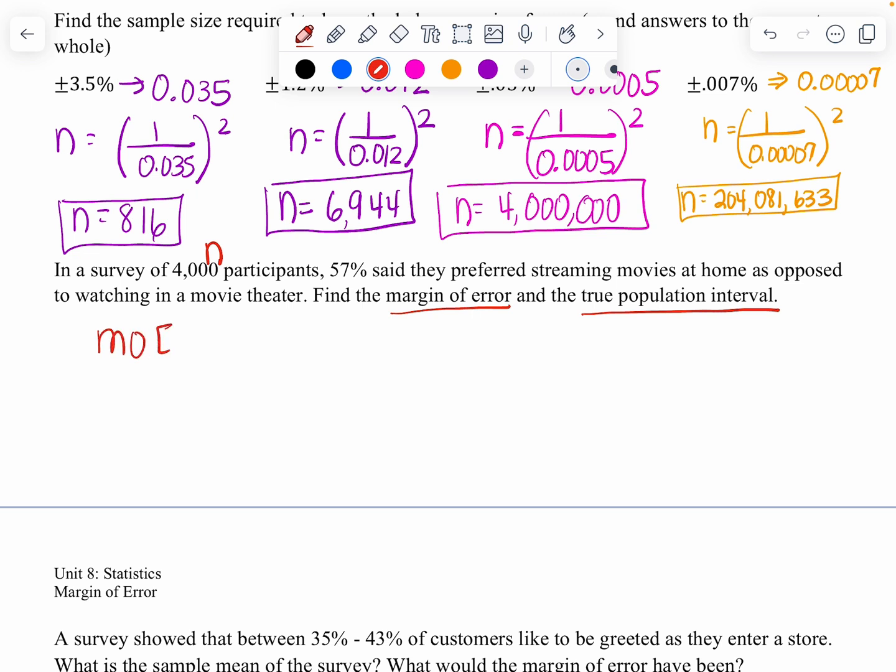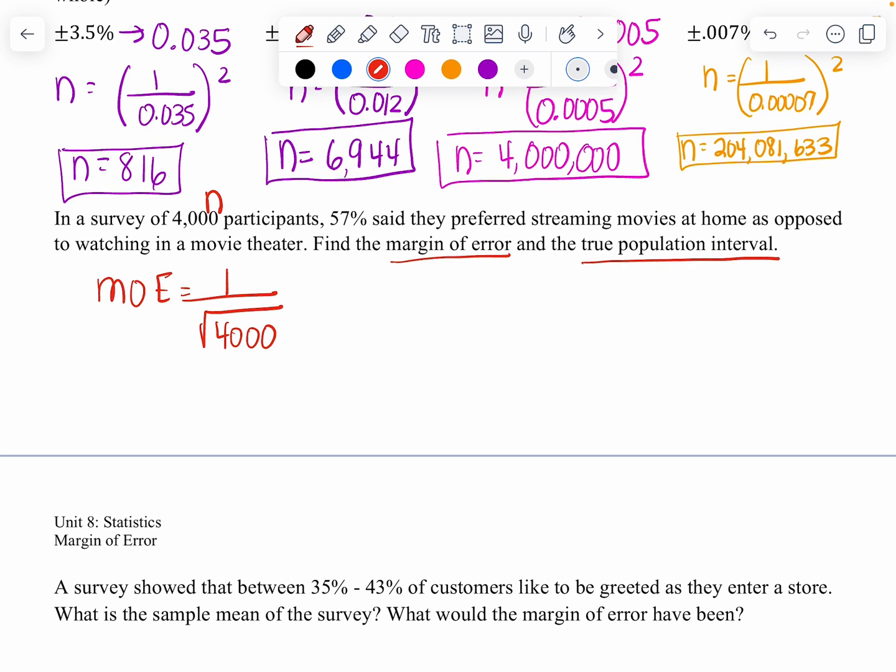Margin of error equals 1 divided by the square root of our 4,000 participants. So put that in my calculator, 0.0158, which becomes plus or minus 1.58%. So our margin of error is a plus 1.58% and a minus 1.58%.